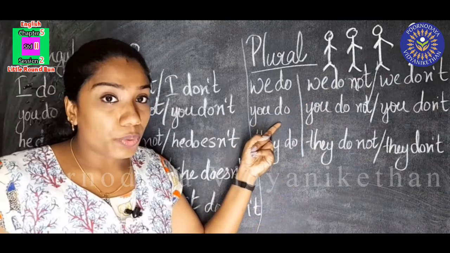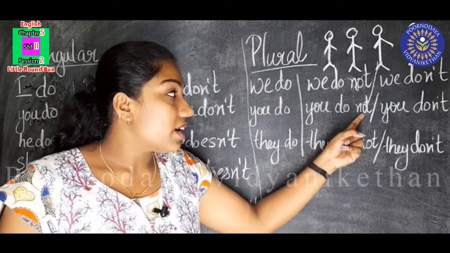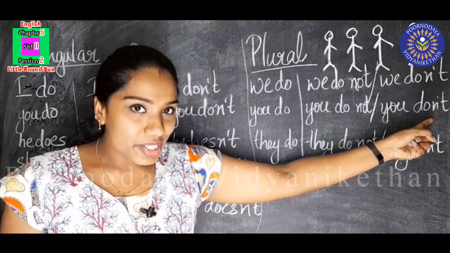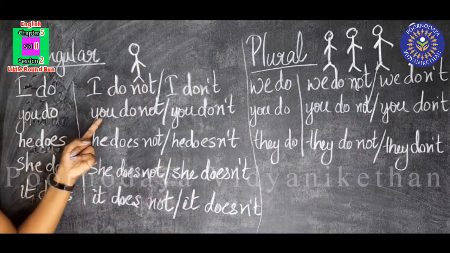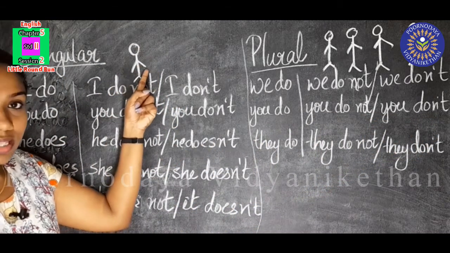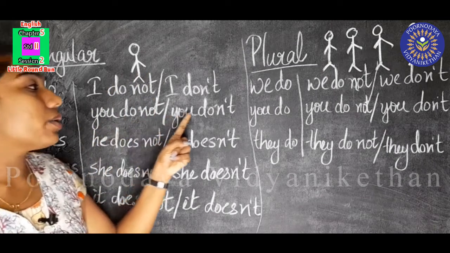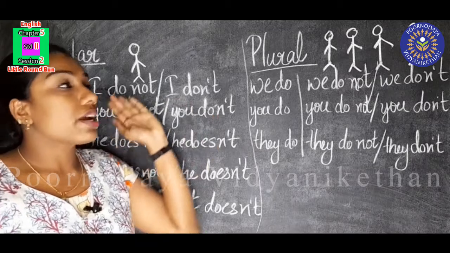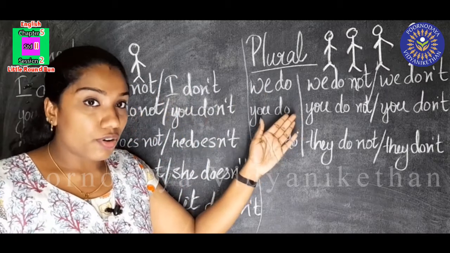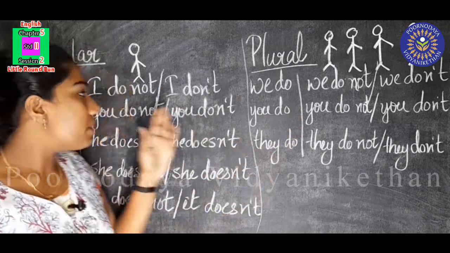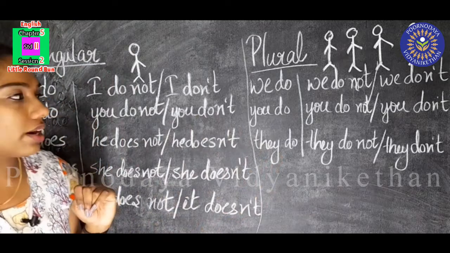Now, you do, you do not, or you don't. Look here, children. When there is only one person, we can say like this, you do not or you don't. And when we come to the plural form, it is same as in the singular form.